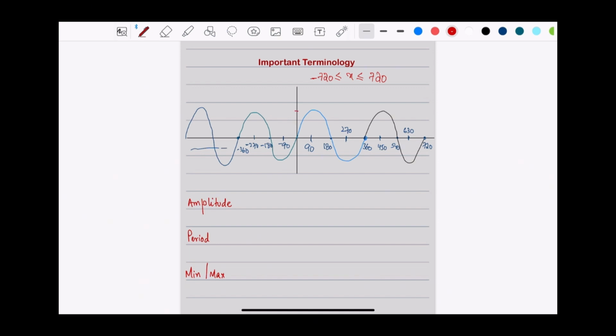The range of this function lies between, again, negative 1 to 1. So negative 1 is less than equals to y, or sine x is less than equals to 1. Now this stretch here is of 1 unit. The same stretch is here, 1 unit as well. So the vertical stretch is called the amplitude.